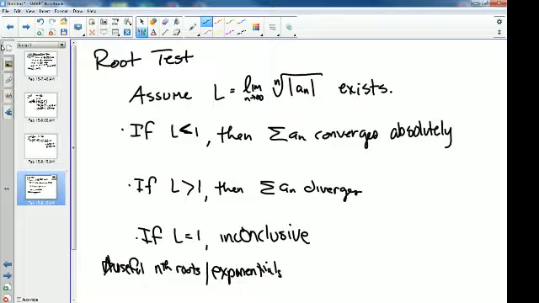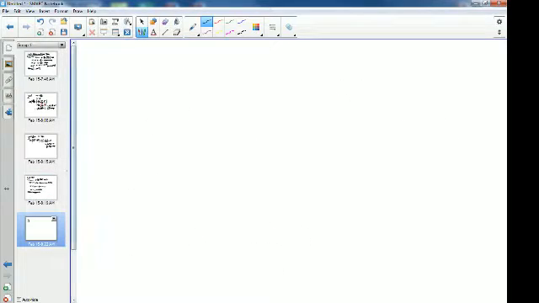Does this series converge or diverge? Notice it's an exponential.